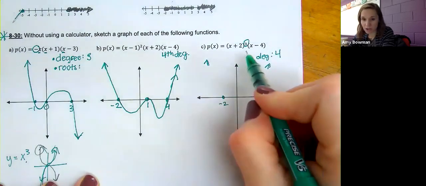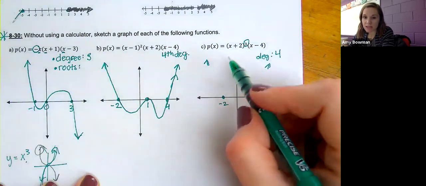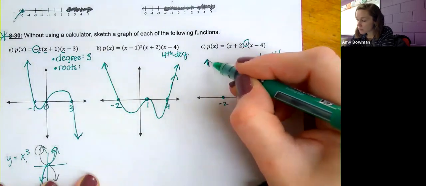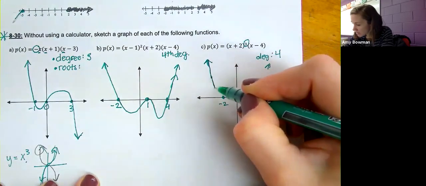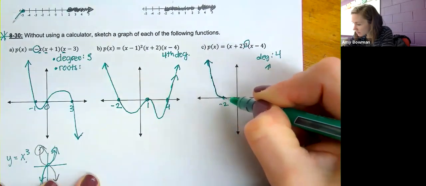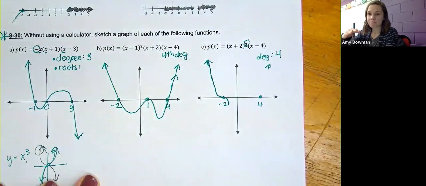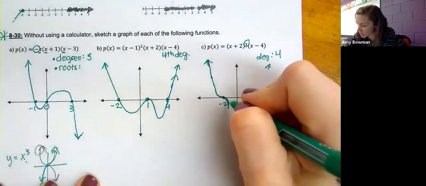Now, at -2, I have this third degree, which means it's going to, like I said, kind of squiggle through, or there's going to be a point of inflection. So when you're sketching that, you would just come down to the left of it and then try your best to get that little curve or slithering through that 0 of -2.